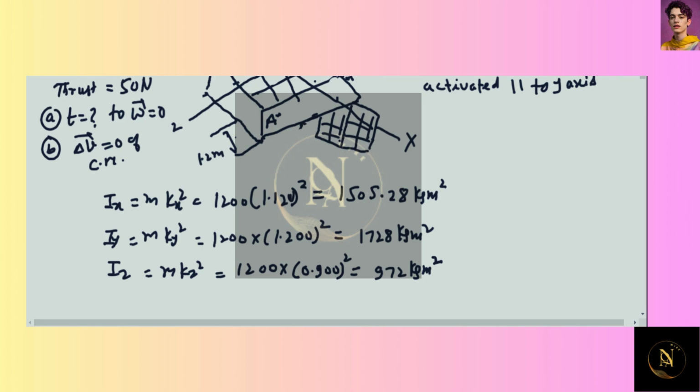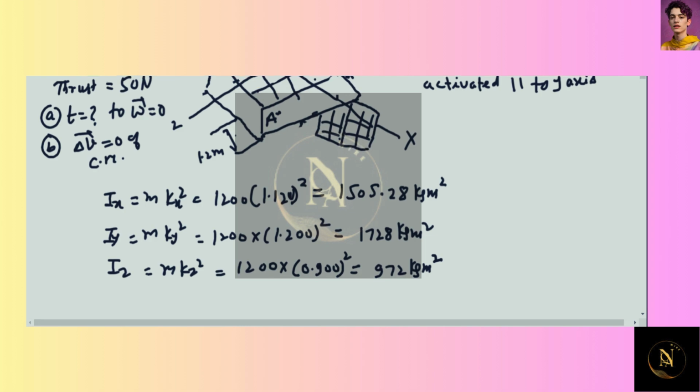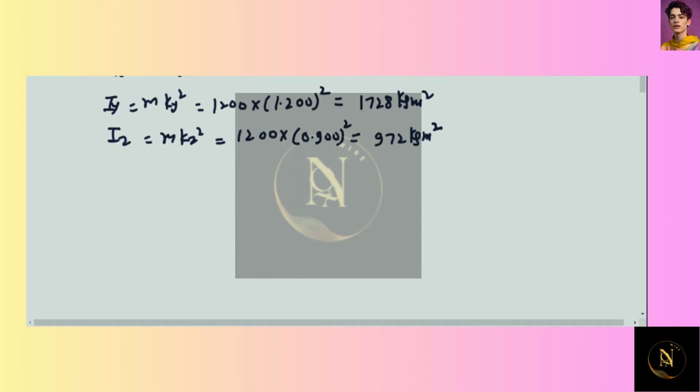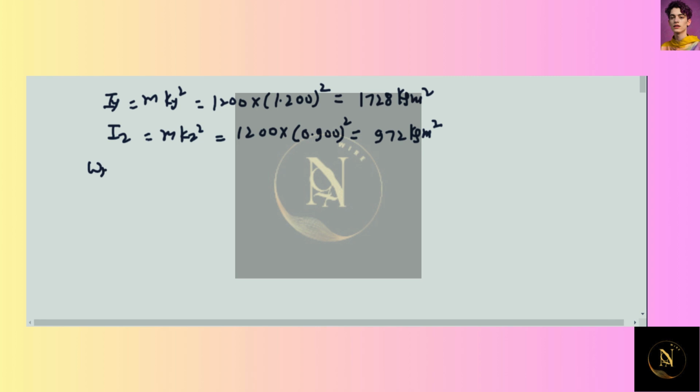Initial angular velocity is given. Along the x direction, it is 0.05 radian per second. Along the y direction, it is 0, and along the z direction, it is 0.075 radian per second.